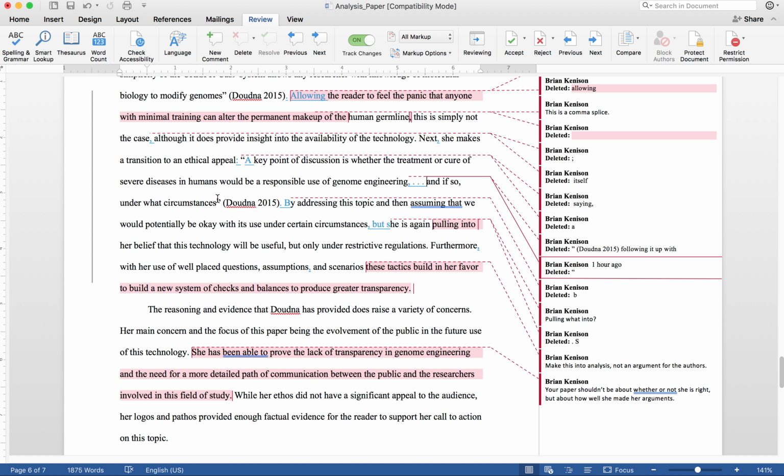And so I can do that to connect two different quotations. And then I would just want to include the page number here. If they're on different pages, then I would just put a comma between the different page numbers.